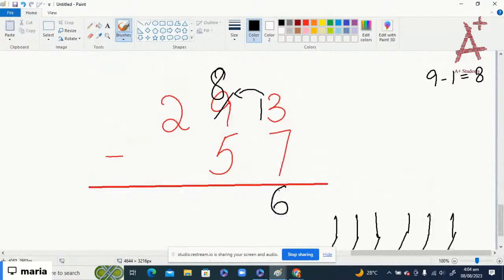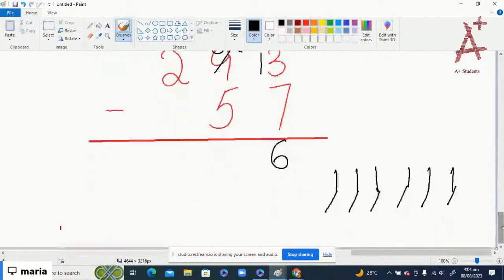Look at that. Here is 9 minus 5, but when we take a borrow from the 9, this becomes 8. So now we subtract 8 minus 5, not 9 minus 5. Let's draw 8 lines: 1, 2, 3, 4, 5, 6, 7, 8. Subtract 5.